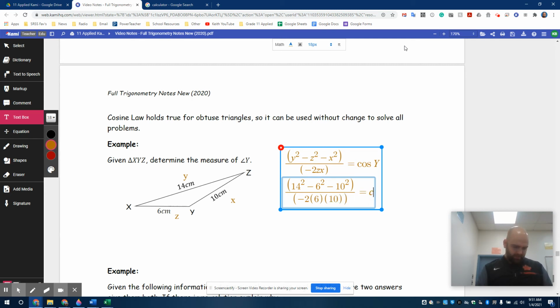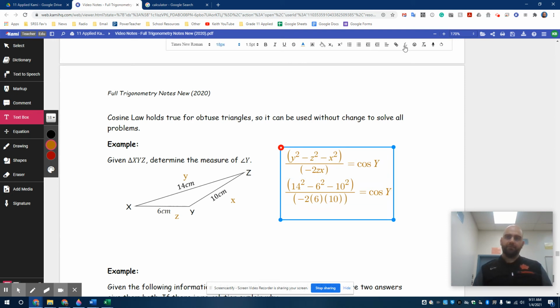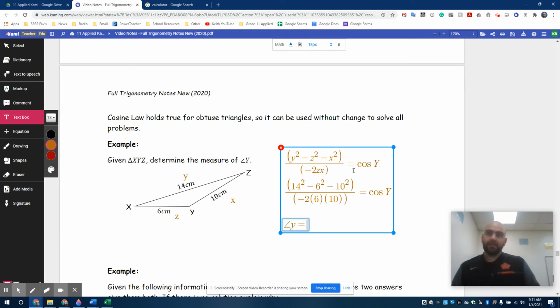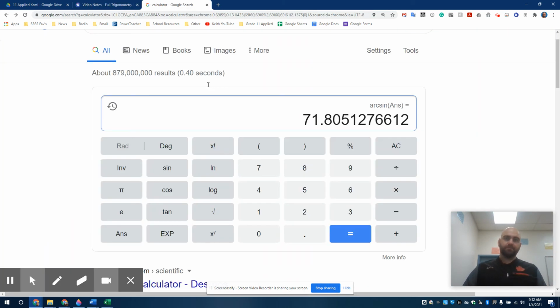And that is going to equal cos of y. Again, we have to do inverse cos as well to get our answer. But angle y, in this case, is definitely an obtuse angle. So it's definitely more than 90 degrees. So we should get an angle more than 90 degrees.